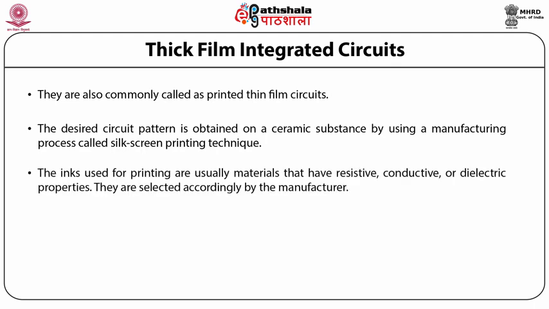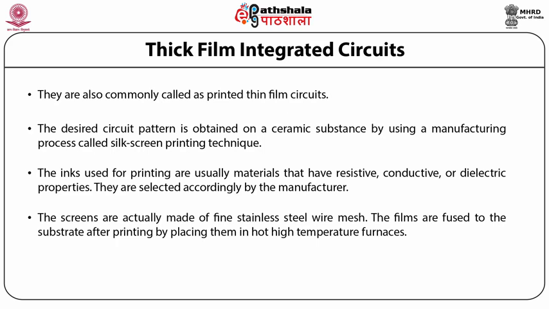Here the inks used for printing are usually materials that have resistive, conductive or dielectric properties. They are selected accordingly by the manufacturer. The screens are actually made up of fine stainless wire mesh.